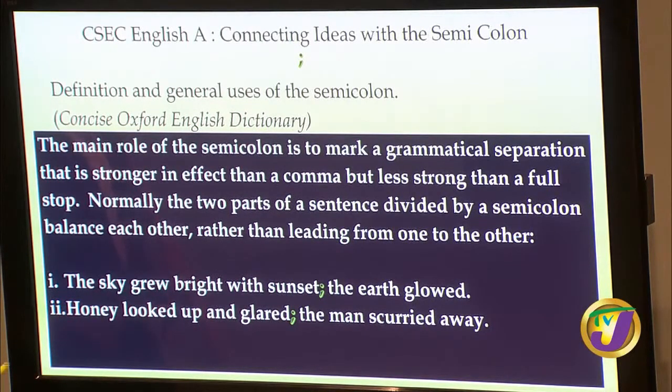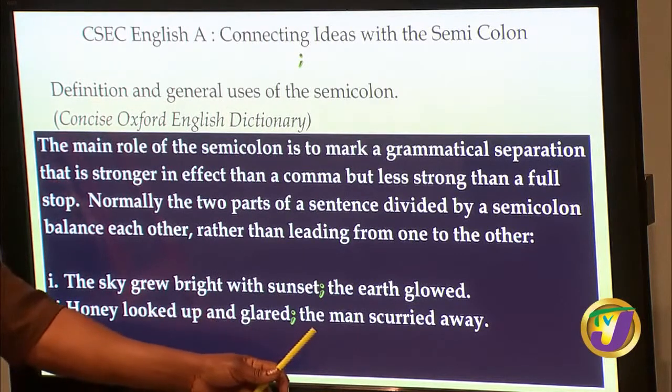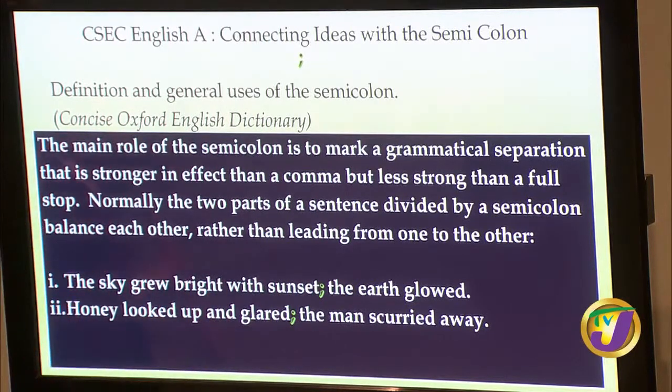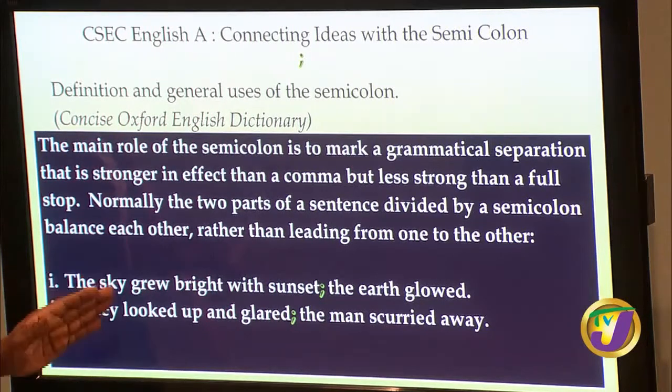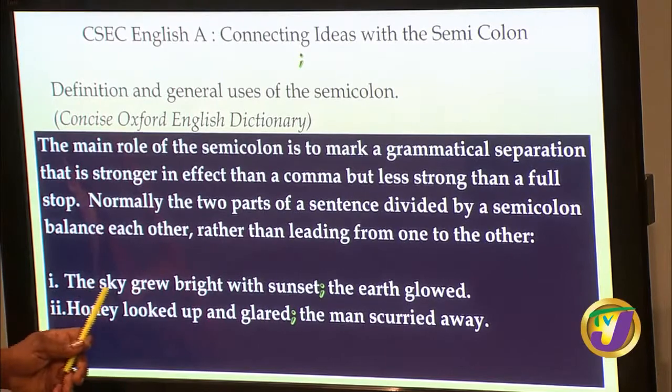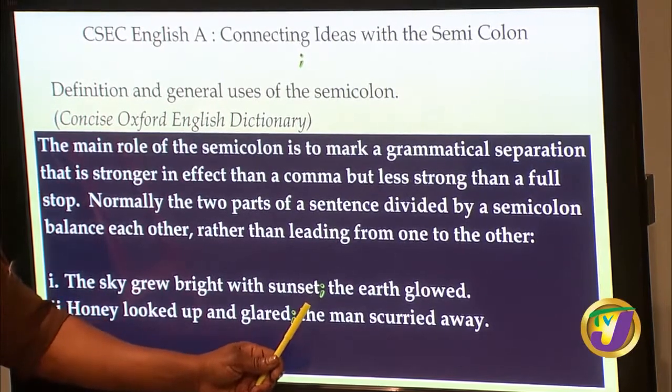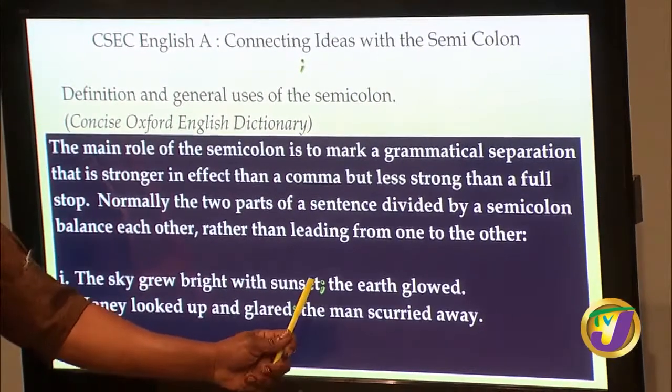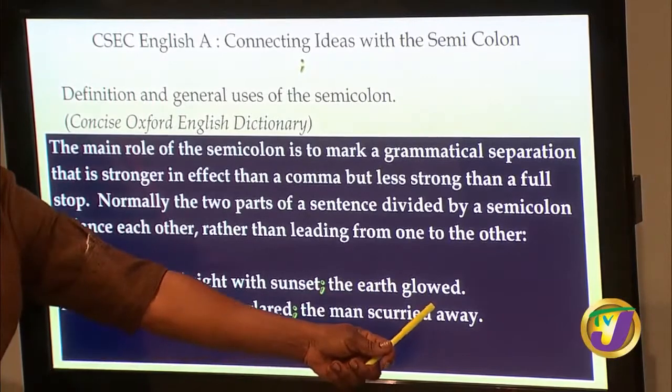We see that the man got the message and he scurried away. The thoughts are connecting. Notice though that we have an independent clause ending here and another independent clause over here.